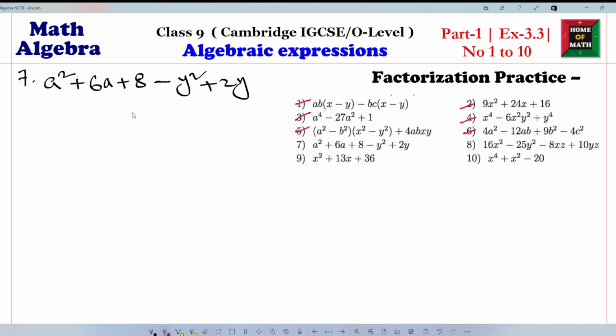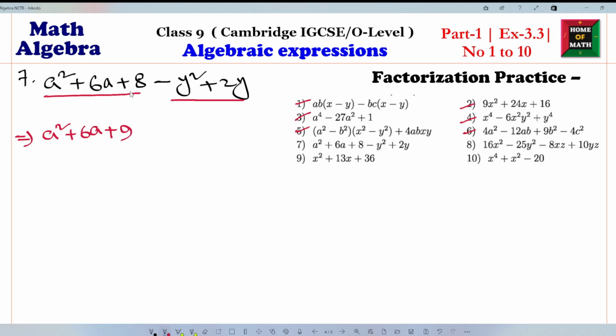So if you want to factorize this one, you should be careful. Look, here is a square plus 6a plus 8 and here is y square plus 2y, but we will not do anything like that. But if you work systematically, we can do something like, here is a square plus 6a plus 9 if we write, okay.